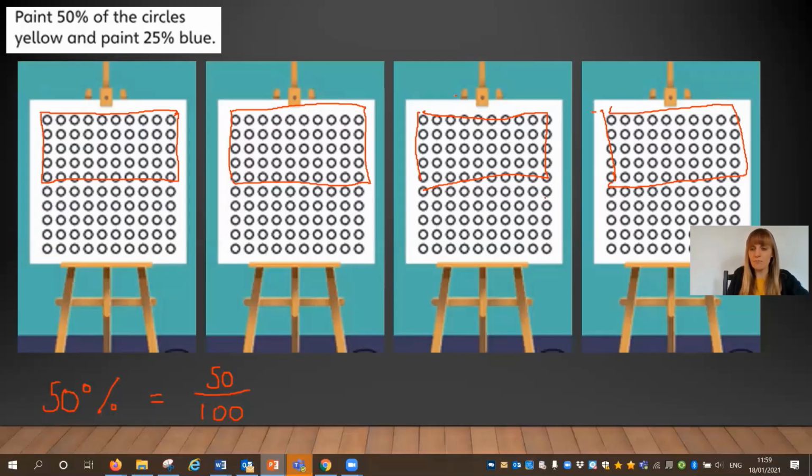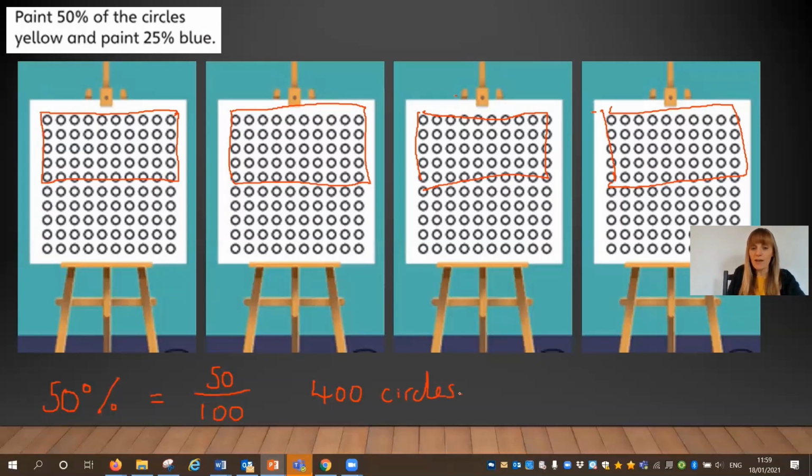Now sometimes that might be put in a number form. Now if there's 100 circles on each of our easels, we might be asked, how many circles are shaded in total of all of these? In total, if there's 100 on each, 100, 200, 300, 400, that means altogether we have 400 circles.